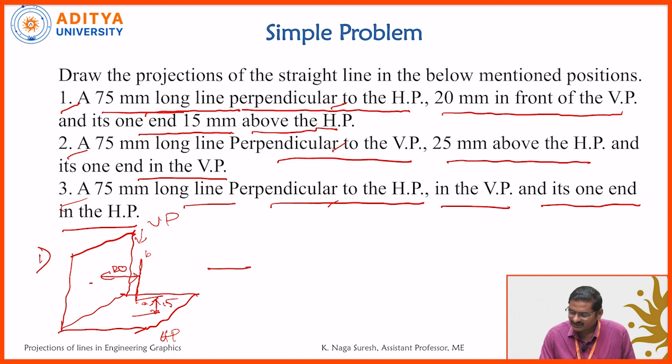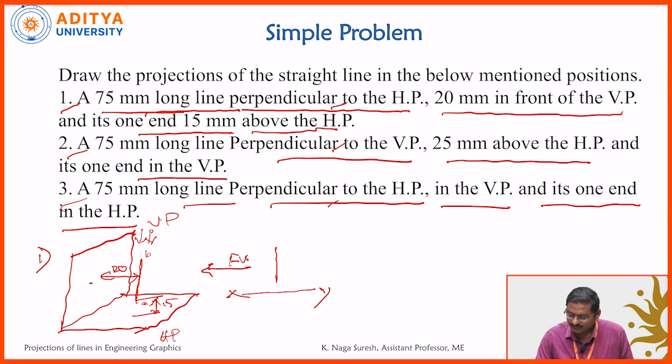When you see the front view, it appears like a true length line, a vertical line. And when you see the top view, the line appears like a point. So the front view comes above the XY line; that means draw one vertical line.